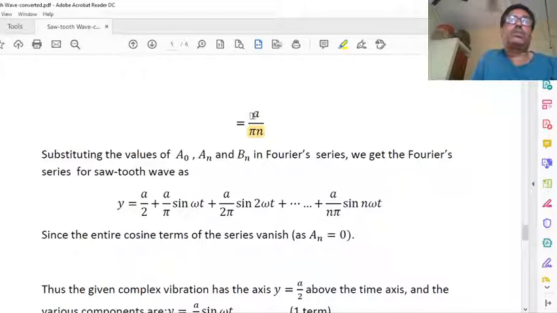It shows that if n is equal to 1, a by pi; n is equal to 2, a by 2 pi; n is equal to 3, a by 3 pi; n is equal to n, a by n pi. So some sine terms are here, and this is y0, a by 2.